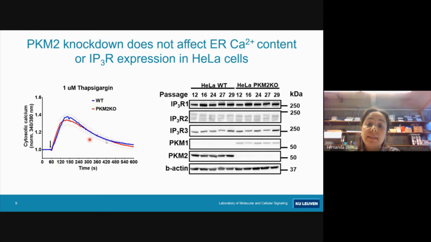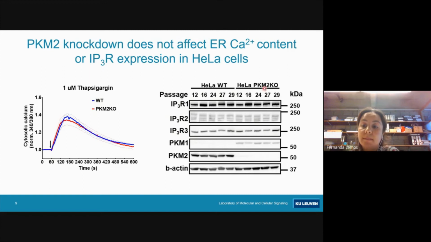We also didn't see any difference in the expression level of IP3 receptor type 1, 2, and 3 over time. Here we checked different passages of the cells, and no obvious difference was observed in the expression of the IP3 receptor.